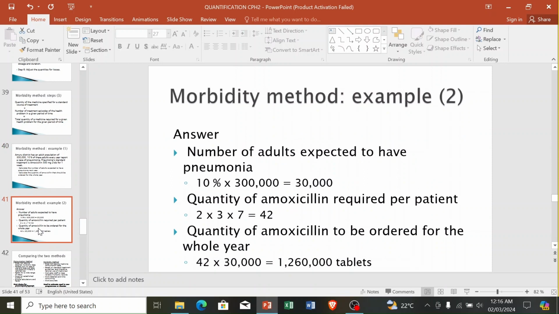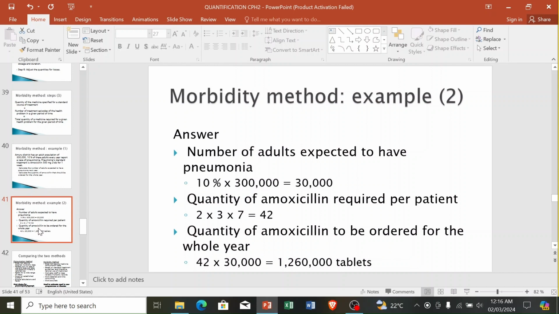Number of adults expected to have pneumonia: you see it is 10% times 300,000. We get 30,000 people. Quantity of amoxicillin required per patient. We have the one that has 500 milligrams and the one that has 250 milligrams.